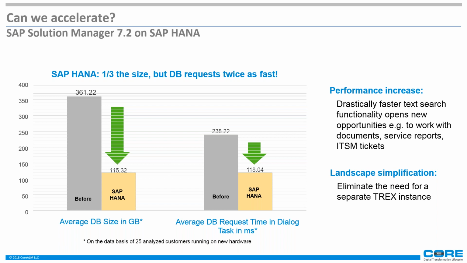I'll let the numbers speak for themselves, but you can see the improvement in database size reduction with the compression, and the decrease of average DB request time in dialog tasks in milliseconds, from 238 to 118. That's a pretty significant increase in performance. And then other things we're going to talk about here are searching and all those pieces.